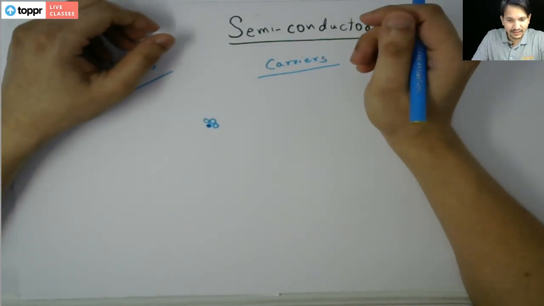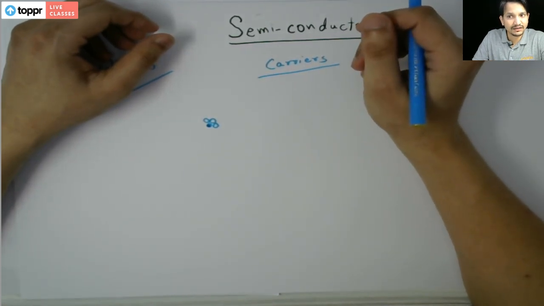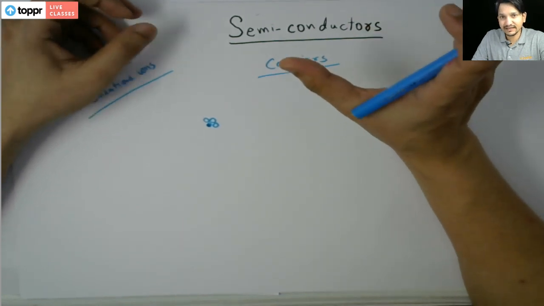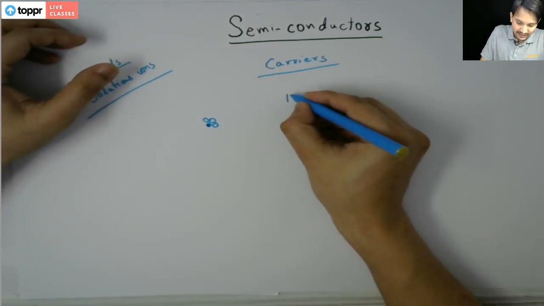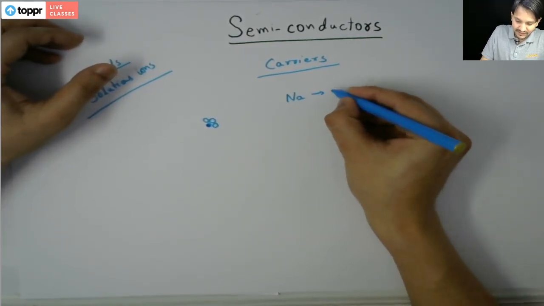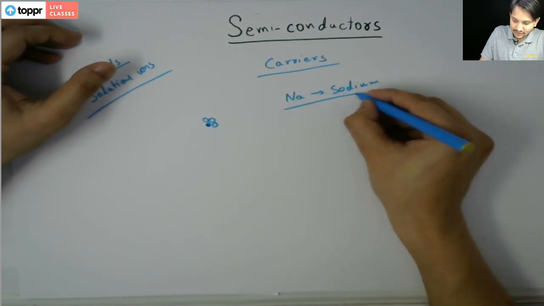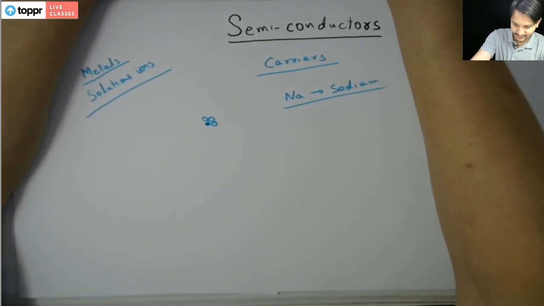For example, take a very simple electronic configuration. Suppose Na, that is sodium metal. Can you recall the electronic configuration of sodium metal?